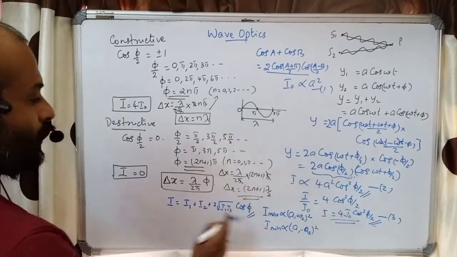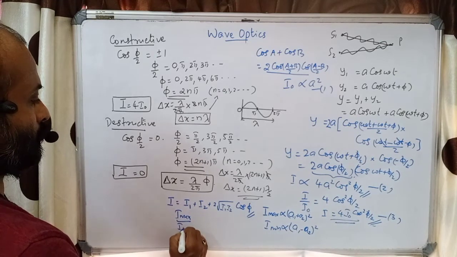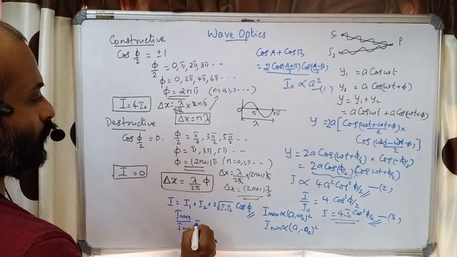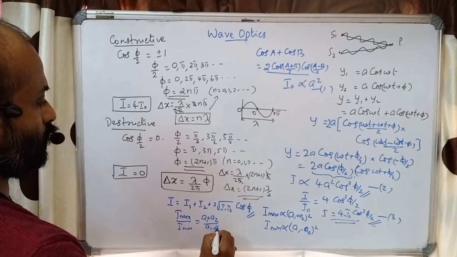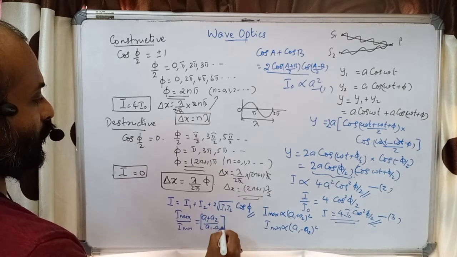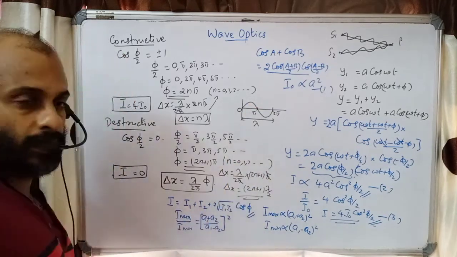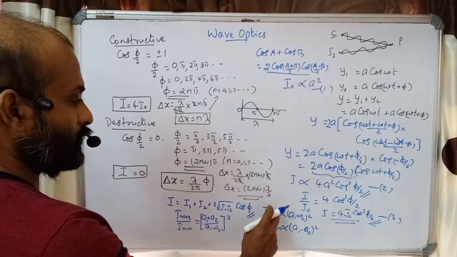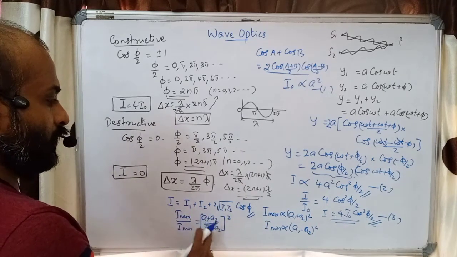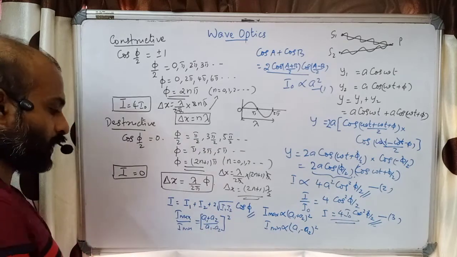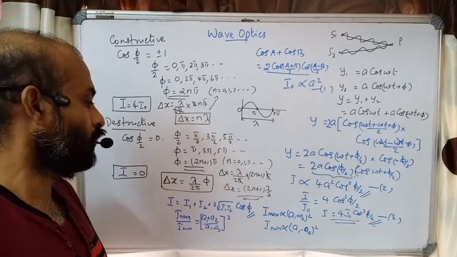When you take the ratio, I max by I minimum is equal to ((A1 plus A2) by (A1 minus A2)) the whole square. This is the equation for the ratio of the maximum and minimum intensity when the interfering waves have different amplitudes A1 and A2.